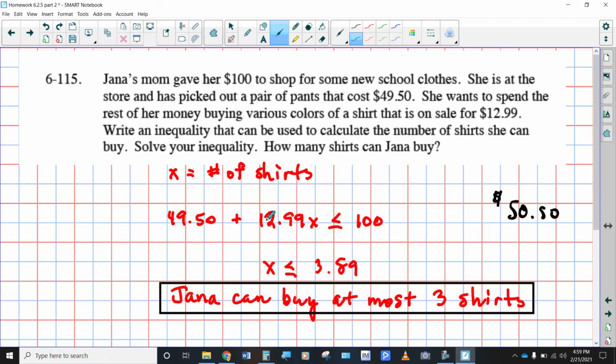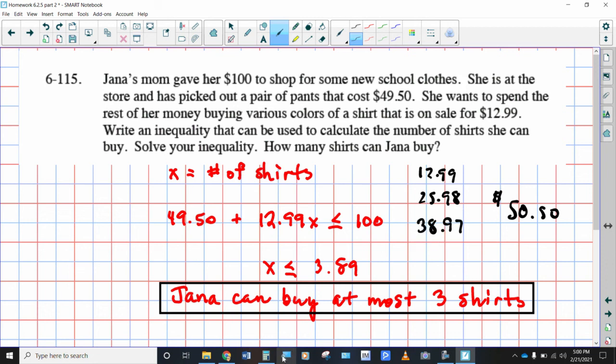Okay, so if 1 shirt is $12.99, then 2 shirts, what is that, almost 13, would be $25.98. And 3 shirts would be, what is that, 17, carry the 1, that's going to be 18, 19, carry the 1, that's going to be 38. $38.97 for 3 shirts.